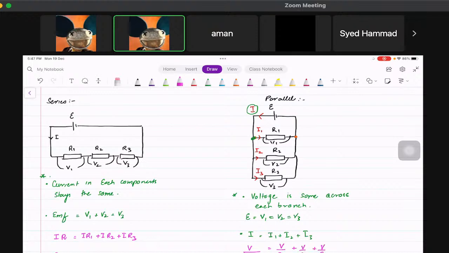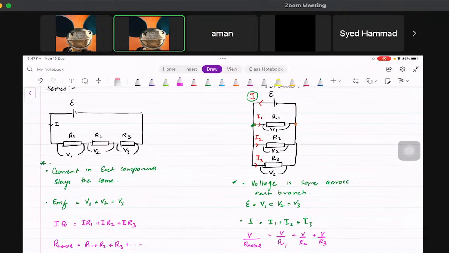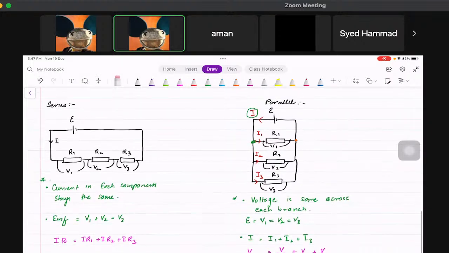So 1 upon the total resistance will be equal to 1 upon R1 plus 1 upon R2 plus 1 upon R3, because voltage is the same, that's why it cancels out. So basically in parallel, the resistances are added by the reciprocals, and then you have to take a reciprocal at the end as well. Let me know if you have a question, please.